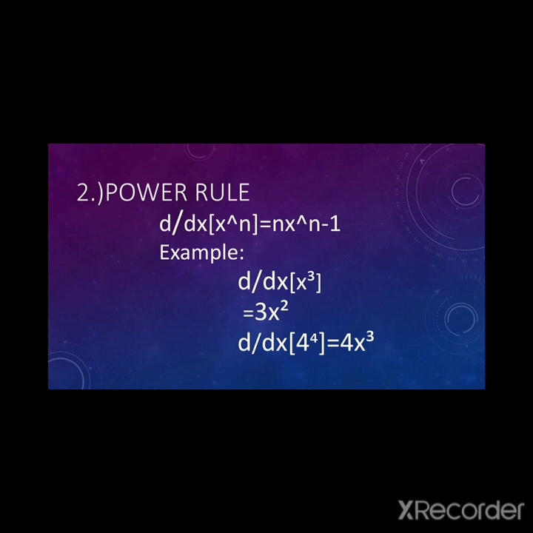Let's do a simple example. Say we have the derivative with respect to x of x cubed. This means take the derivative with respect to x of x cubed, so you put the 3 in the front, so you get 3x, then you just subtract 1. 3 minus 1 is 2.